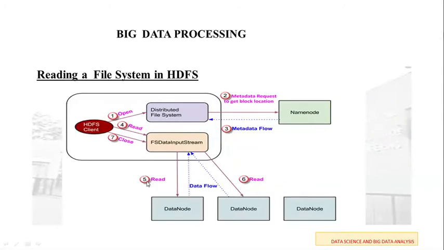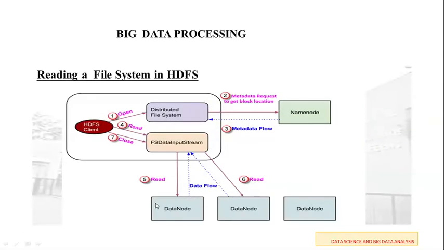After the completion of reading the data, the operation is handled by the sixth step. Once the end of the block is reached, the DFSInputStream closes the connection and moves to the location of the next data node for the next block. Once the client is done with reading, it calls the close method.